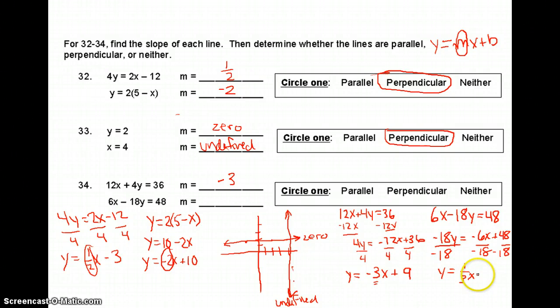We can use that as a fraction, or a decimal. Let's just do negative 2.6 repeating. That's really all we need, is the slope. We've got a 1/3 here, and a negative third here. Opposite reciprocals, perpendicular again.